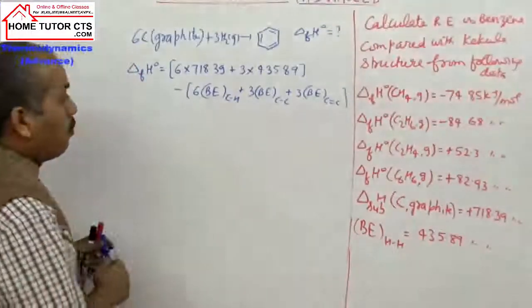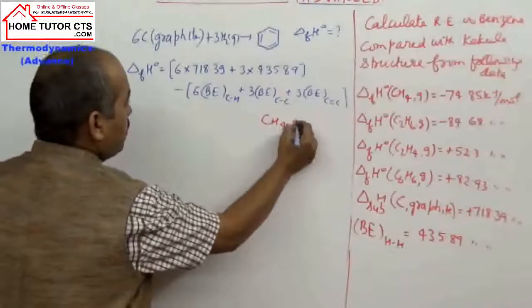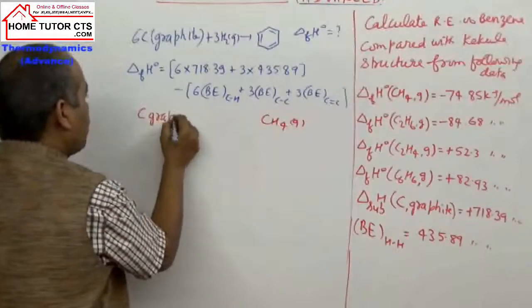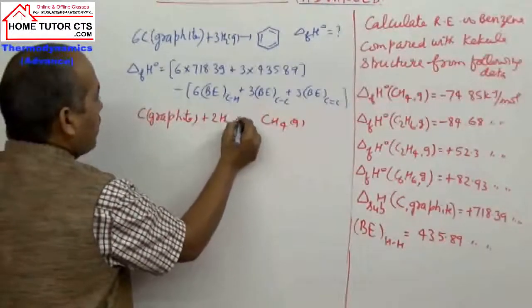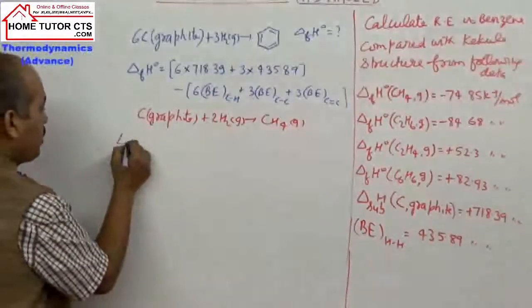If I write the formation of methane gas, CH4 gas formation, how do we write the expression? We take carbon graphite 1 mole plus 2 moles hydrogen gas to give CH4 gas. Now from this equation, what is the heat of formation?